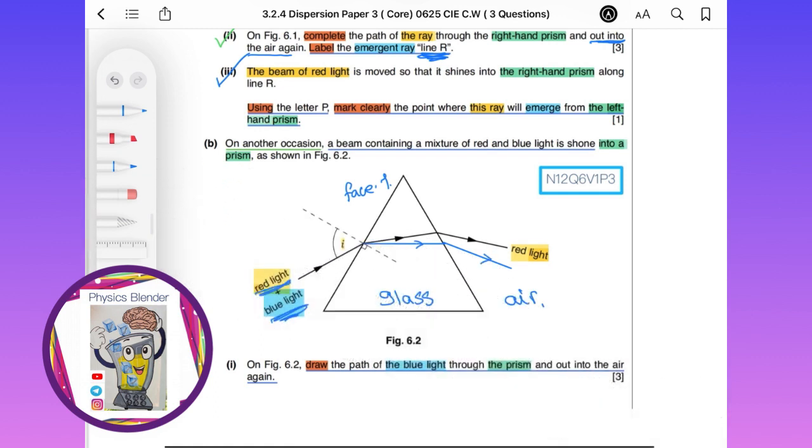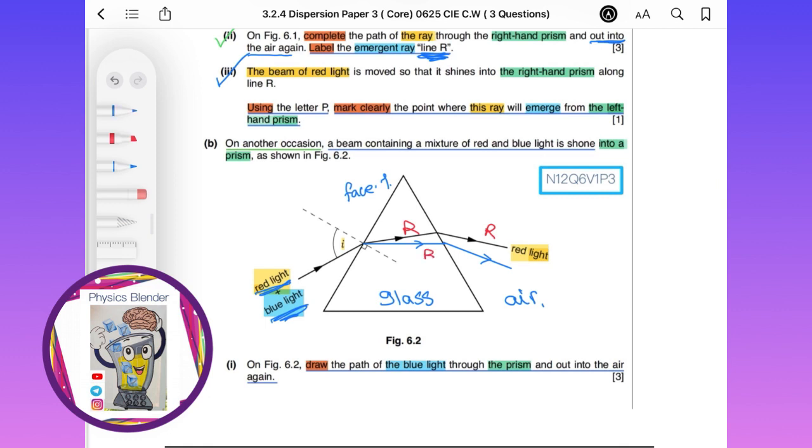While drawing, please take care that it will be refracted more than red, but still less than violet. So this is the red light, and this is the blue.